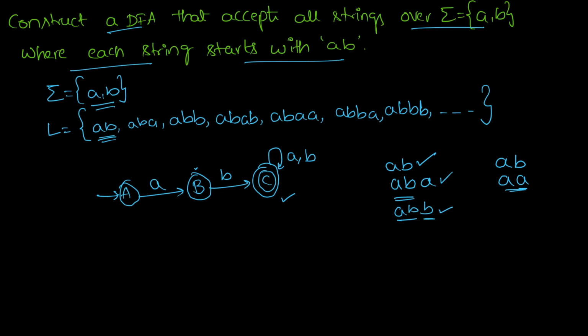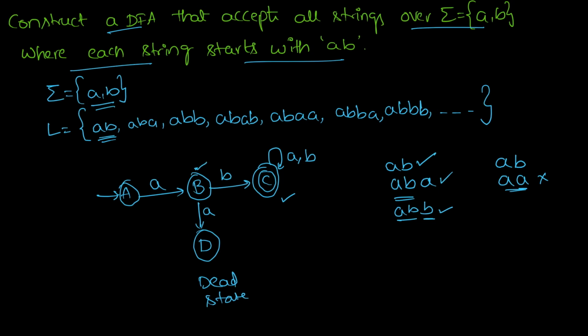So such a string should be rejected. So when we see an A from state B, we move to some state called dead state, from which we cannot reach the final state. So this is a dead state from which we cannot reach any final state.